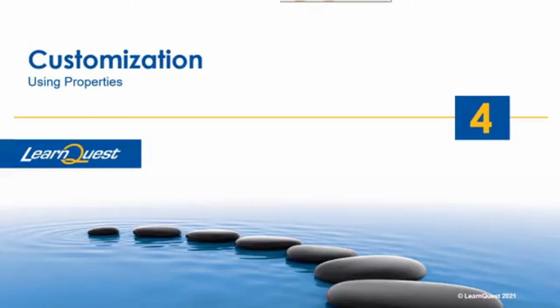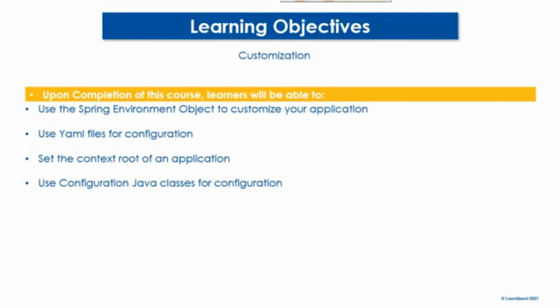Welcome to lesson number 4, using properties. Here we will look at the Spring Environment object, see how we can customize our application. This environment object can be configured using the application properties file, but also another file, application YAML, which uses a different form of notation.